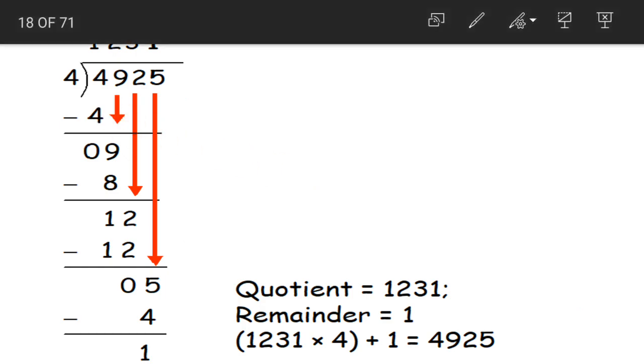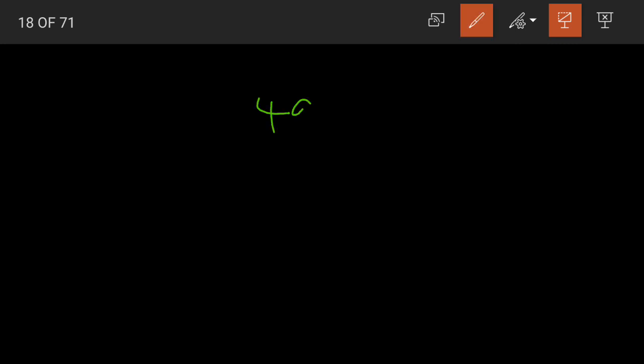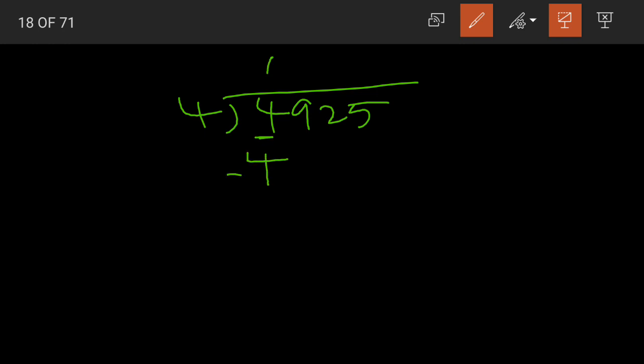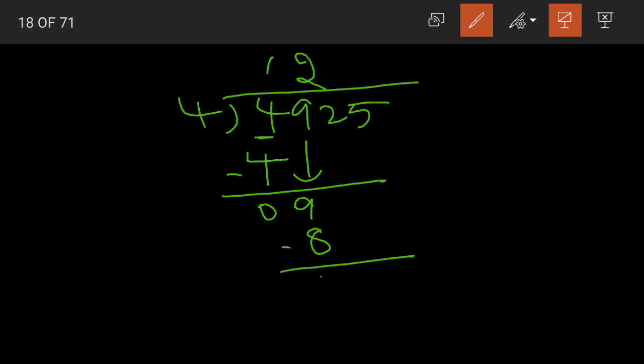4925 divided by 4. So how to divide? First, if we take only 4, yes, 4 will go in the 4 table. 4 ones are 4. 0 will be the remainder, bringing 9 down. We have 4 twos are 8. Yes, children, when we subtract, 1 will be the remainder, bringing 2 down.